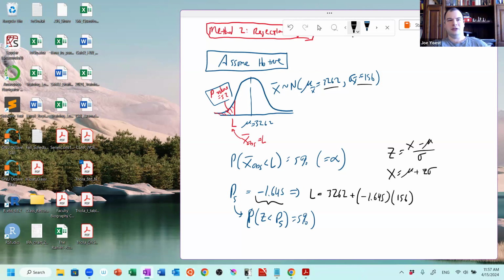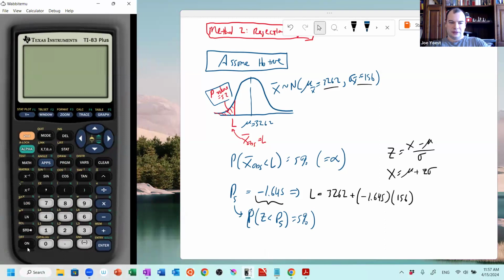This should all look familiar from chapter 6 and chapter 7. And I can figure out what is 3262 minus 1.645 times 156. That looks right. That's 3005. Let's just call it 3005.